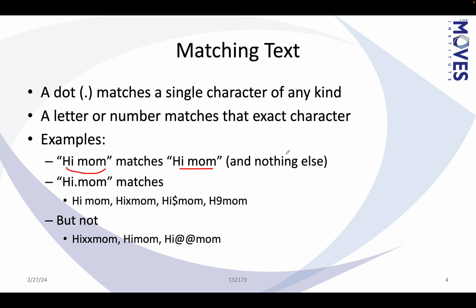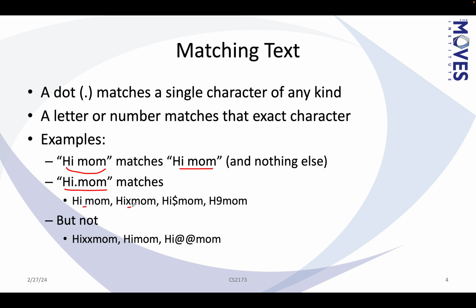When you've been searching using a specific string, it'll match that, but nothing else. However, if I say hi dot mom, the thing to understand is that a dot doesn't mean match a period. If we want to match a period, then we actually have to escape it. But if I say hi dot mom, it'll match this with a space.